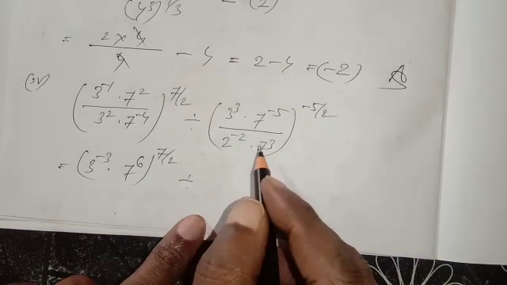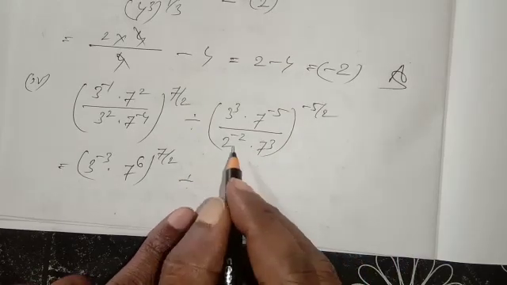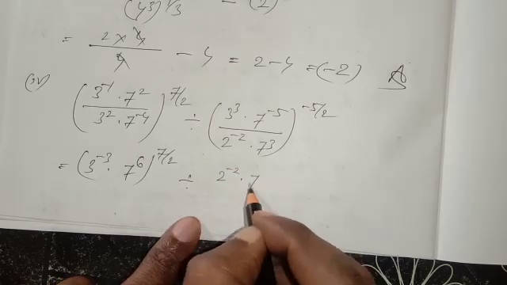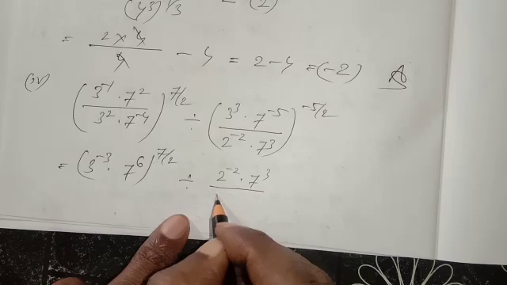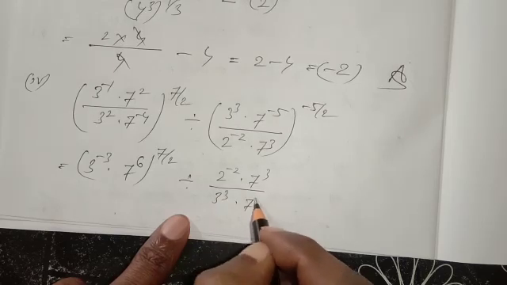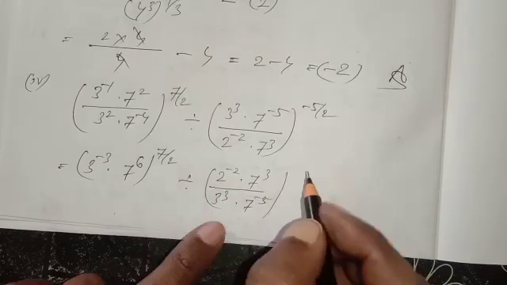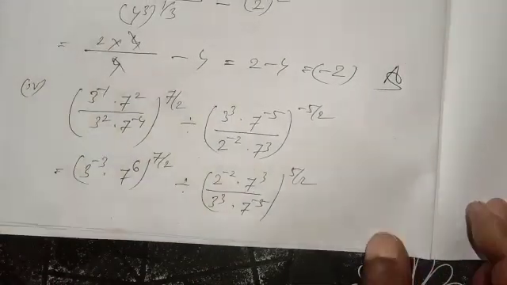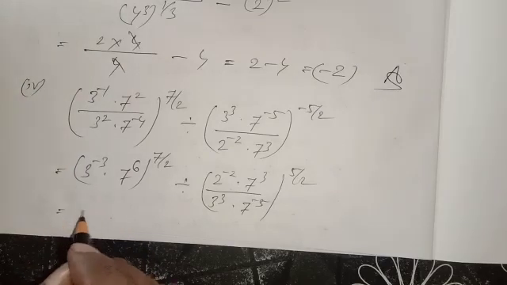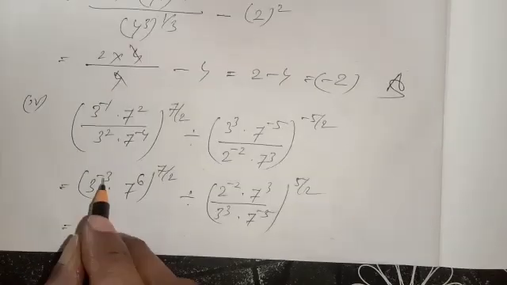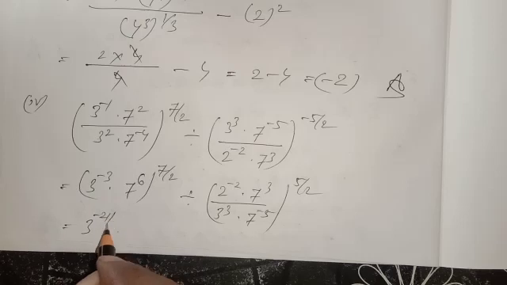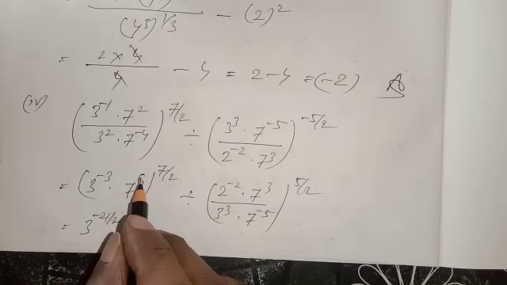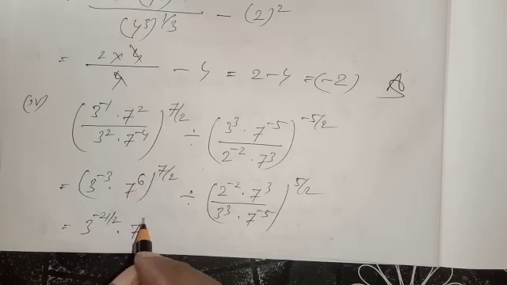This will be reciprocal, 2 to the power minus 2 into 7 to the power 3 divided by 3 to the power 3 into 7 to the power minus 5, just reciprocal, the power will be positive, it will be 5 by 2. After that, this will be 3 to the power minus 21 by 2 and 7 to the power 21.